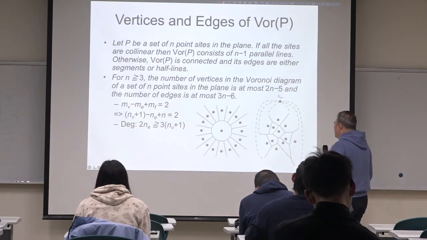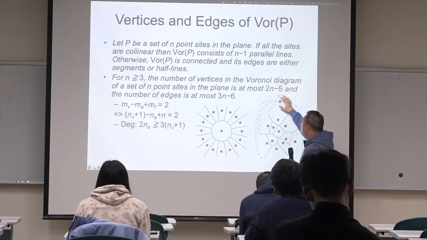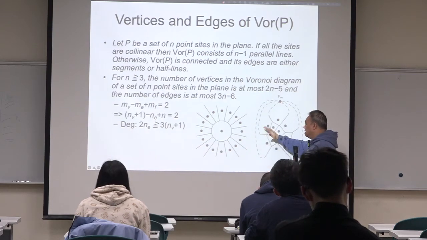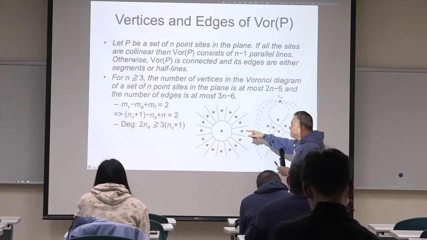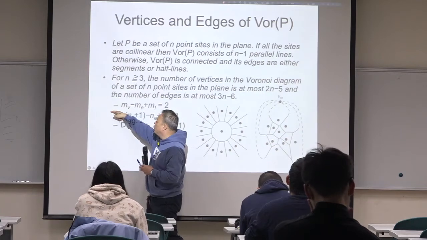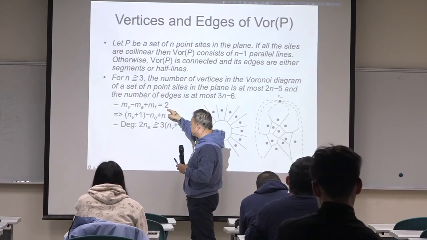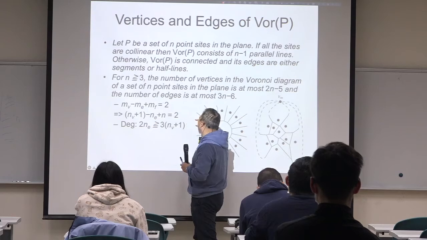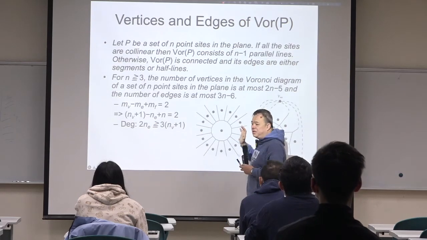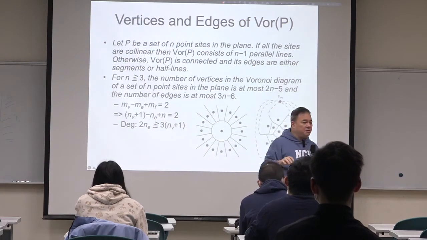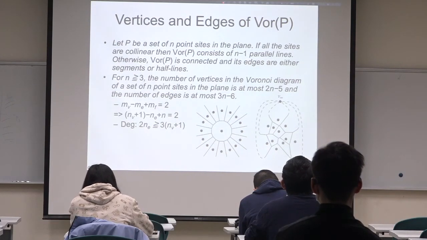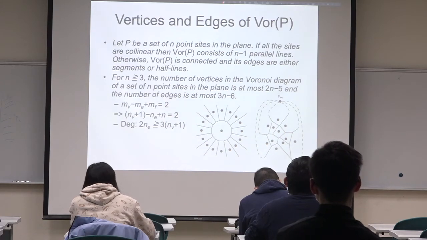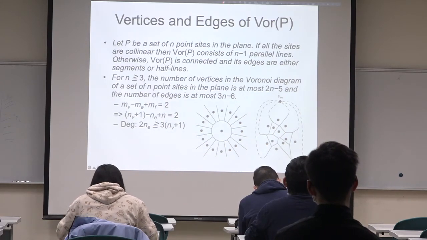Then it will become a closed planar graph. Keep in mind that this equation will hold only if this is a planar graph. When I say a planar graph, I mean there are no half lines, because if a graph contains half lines, it's not considered a planar graph.